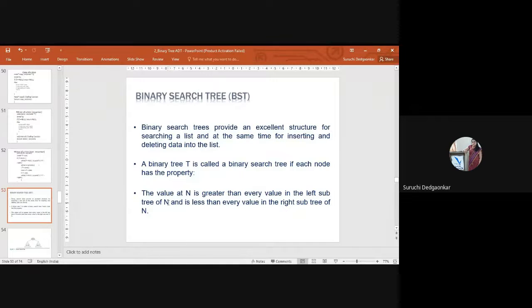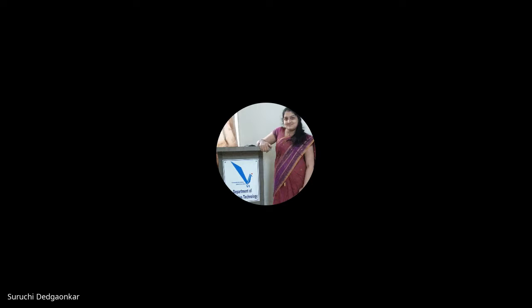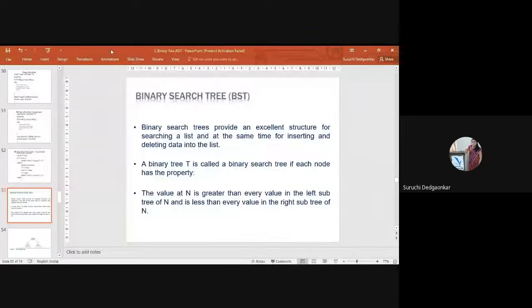That root has a greater value than each node in the left subtree and a lesser value than each node in the right subtree. In the right subtree, all the greater nodes are present. And this property is true for each and every node in the tree.